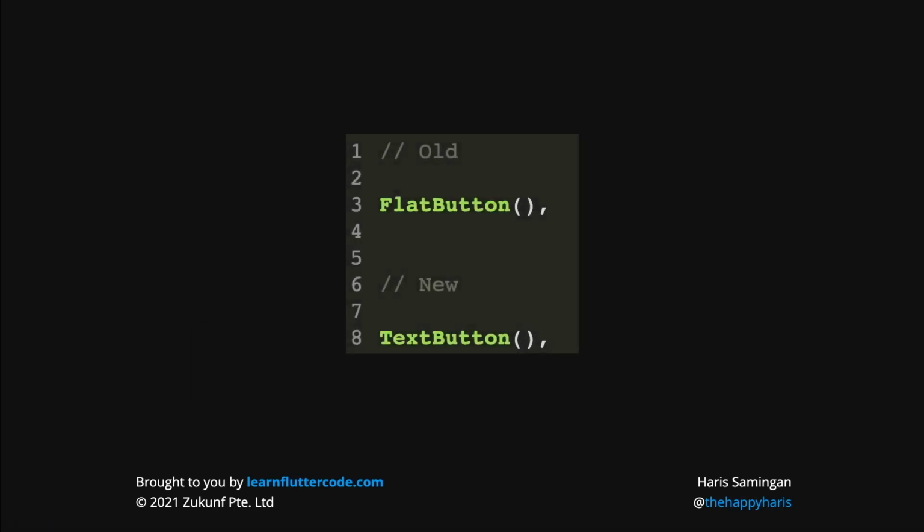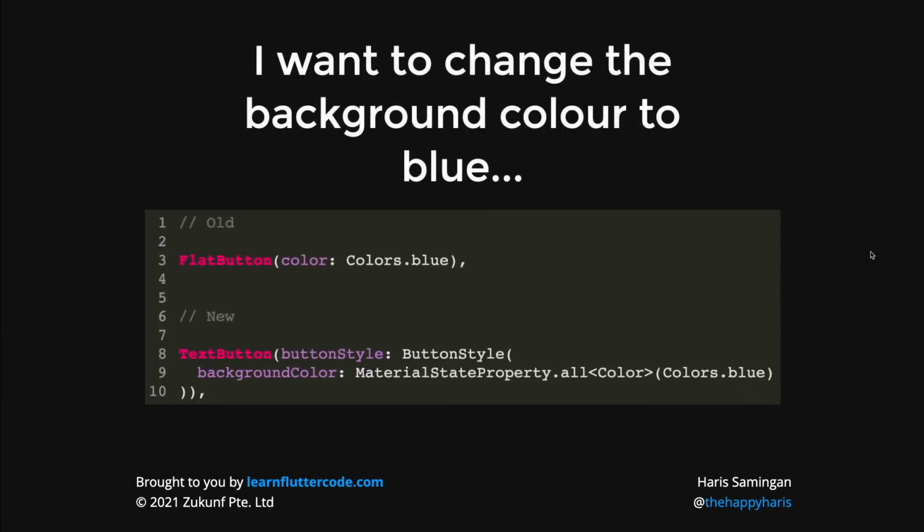First of all, to create the new button, you have to use the text button. The old button is the flat button. Then if I want to change my background color to blue, for the flat button, we will just pass in Colors.blue through the color parameter. For the new text button, we will use this thing called the button style, and then we will pass in a button style object.